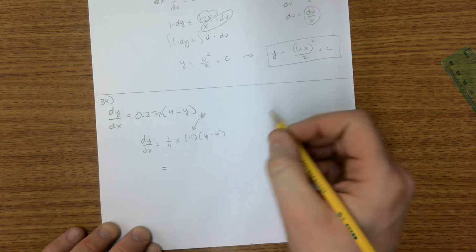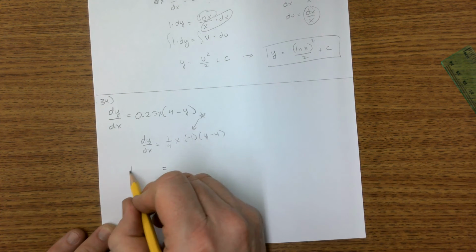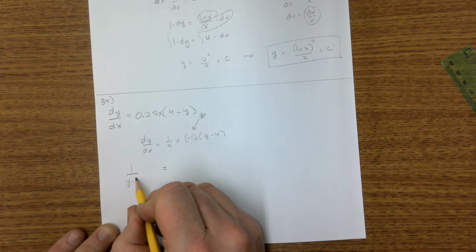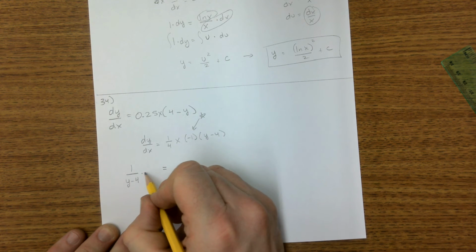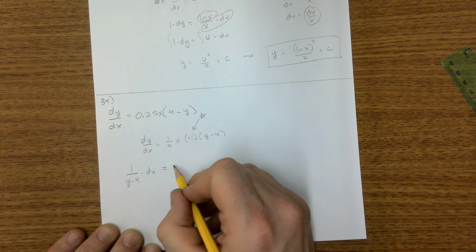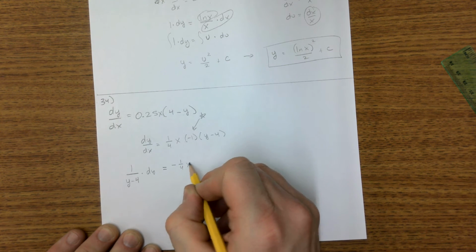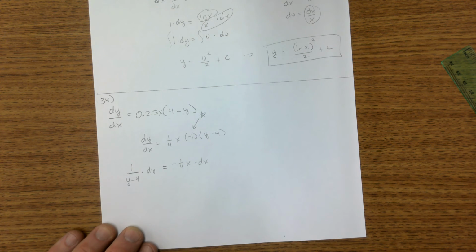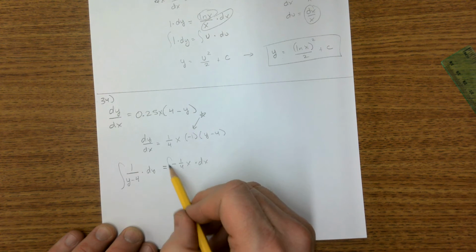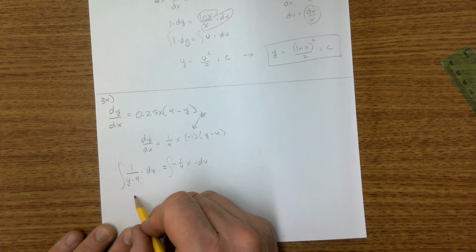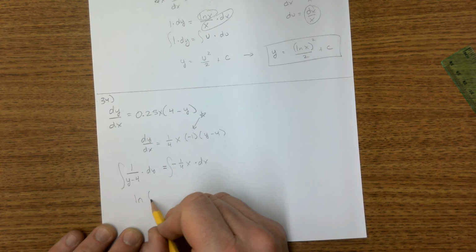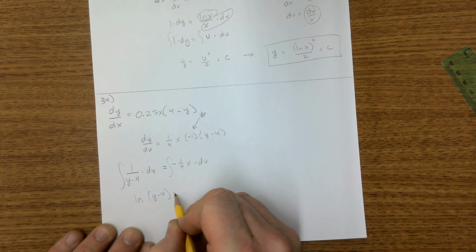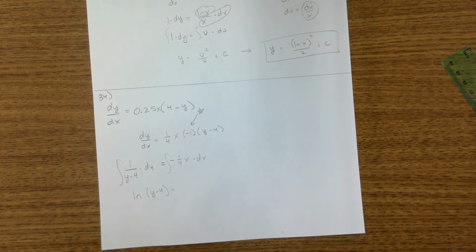So let's see what I have here. I can divide this over here, so I have 1 over y minus 4, the dy. And over here now I have a -1/4 x with a dx. And the reason why it's going to be easier now is that integrating this is going to be just the natural log of y minus 4, and we're not going to have to deal with a negative over here.